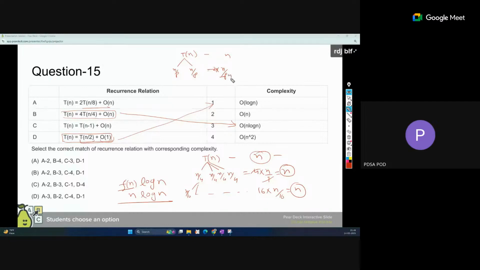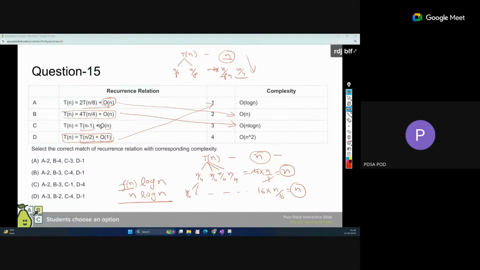You can see this is now reducing: first was n, second level n by 4. If you follow this, it will keep reducing. In the reducing case, we only pick f(n) as the complexity. So what is f(n)? That means order of n. This will be considered as the complexity for this. So this is now matching with this. The remaining part, this is the n minus 1, so n time.